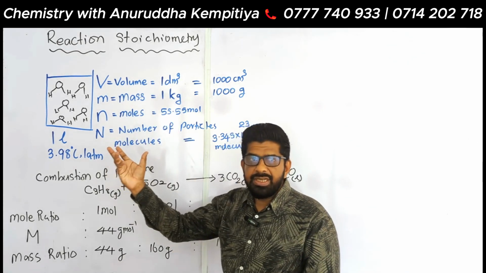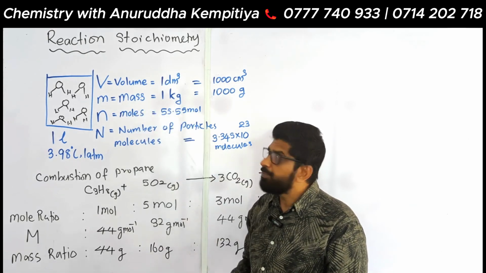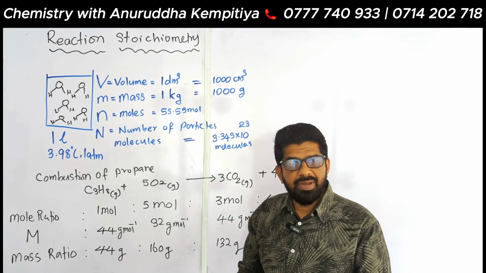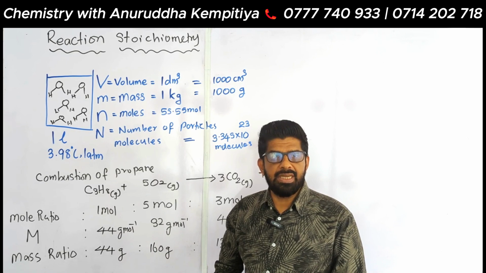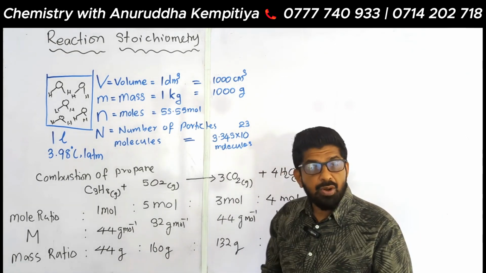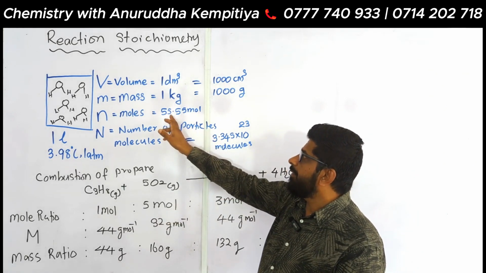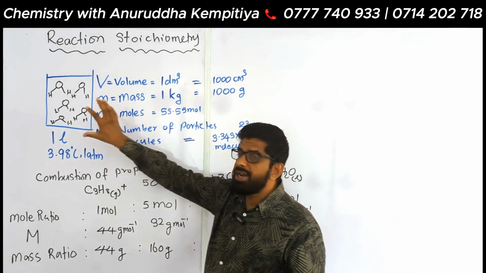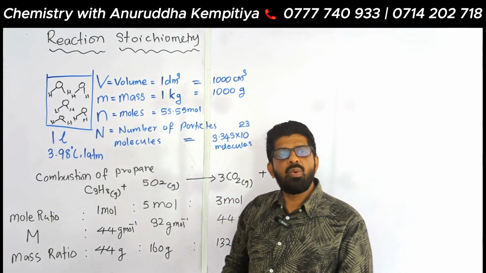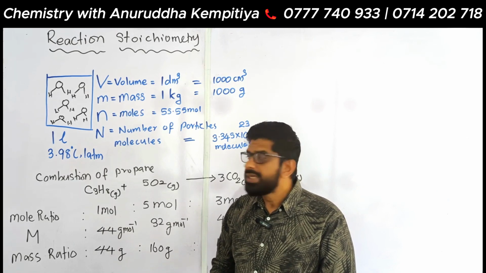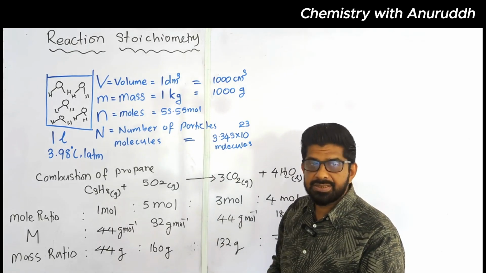The same quantity can be explained in this method as well. There is another important method we often use for academic purposes in chemistry, number of moles, simply N. That is actually 55.55. That means if I take 1 liter of water, I have 55.55 moles of water molecules. And capital N, number of particles.